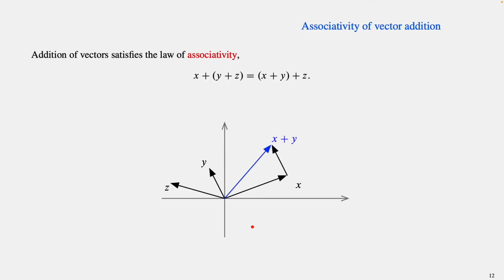And if we first add x plus y, corresponding to this term here, and then after taking this sum, we add the vector z to it, that is the same as if we first add y plus z, corresponding to this term here, and then add x. We take this vector here and add it to this one, and we end up at exactly the same vector in the end. So if we have parentheses in a vector sum, we can just move them around.